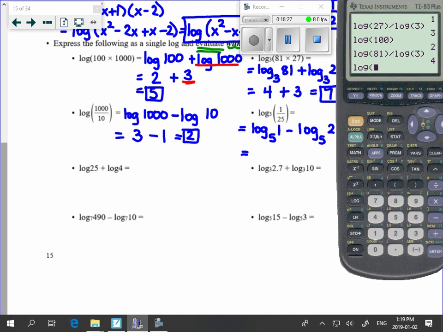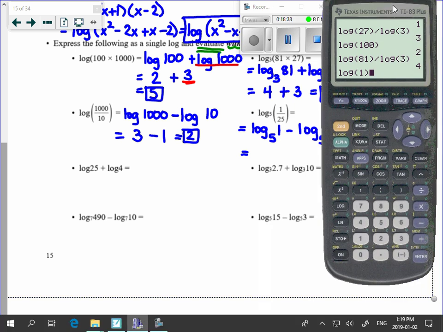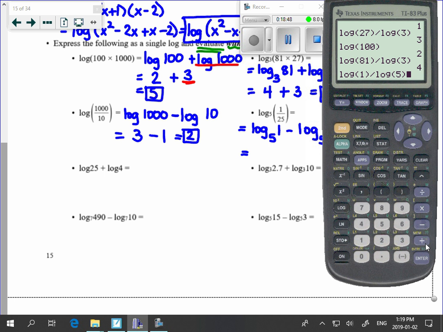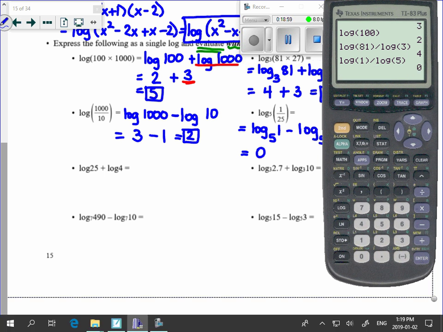Log 1 divided by log 5. Have you got your answer before I hit equals? 5 raised to the what power gives me an answer of 1? 0, right, okay.